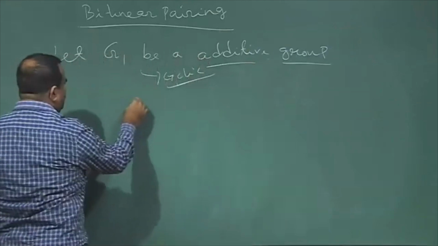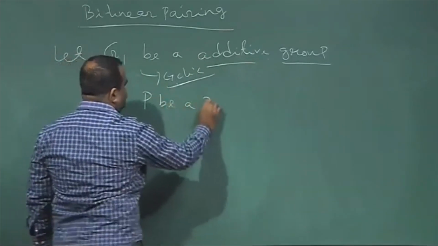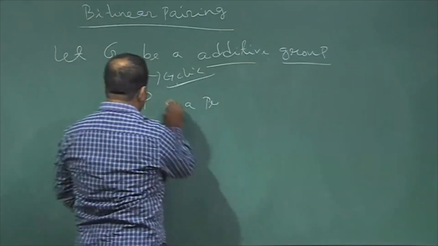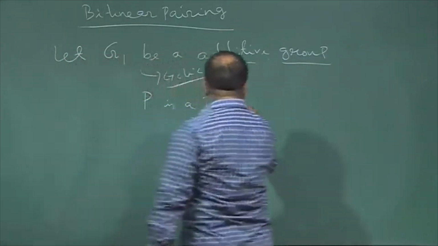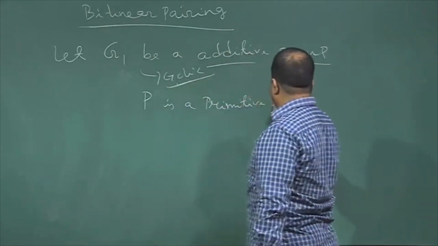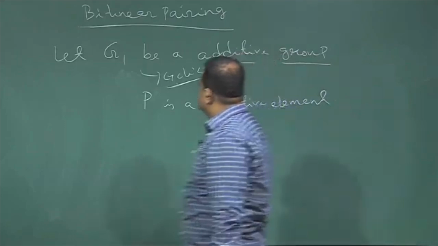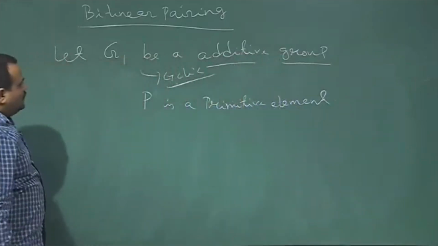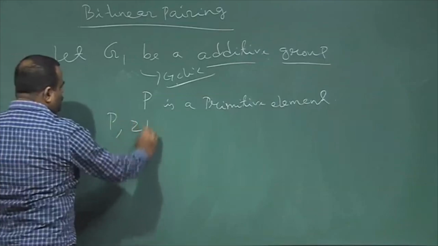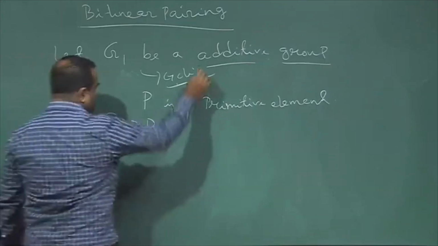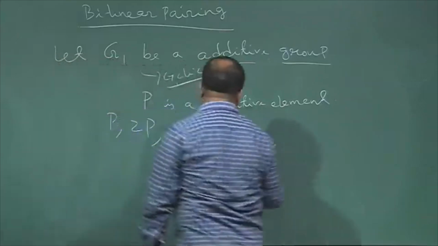So, let P be a primitive element of this group. Okay. Then the elements are basically P, 2P, because it is in the additive sense, 3P, 4P like this.